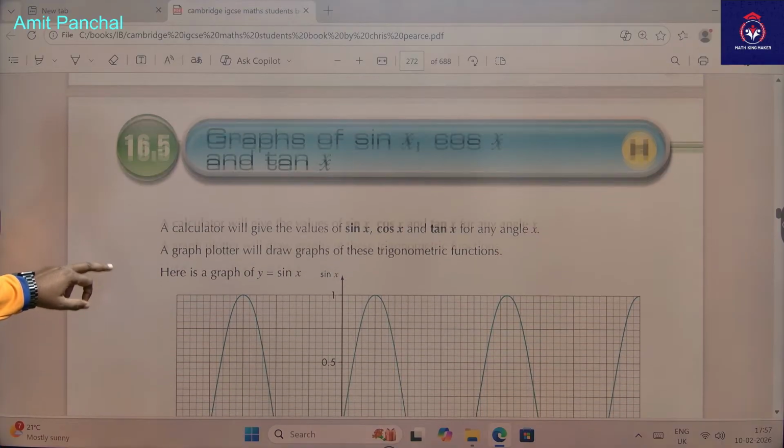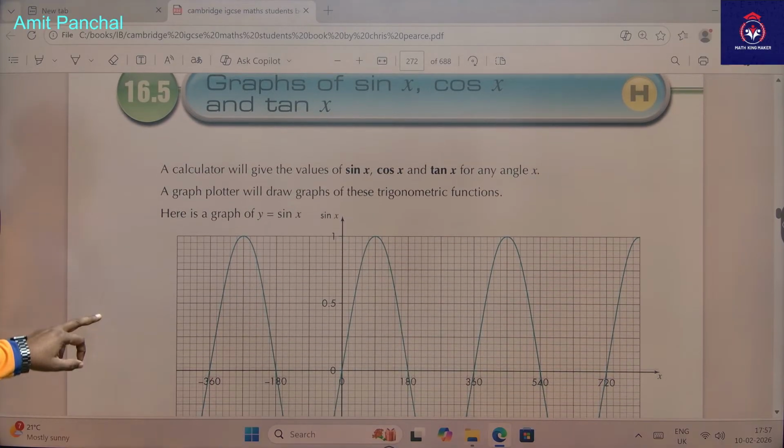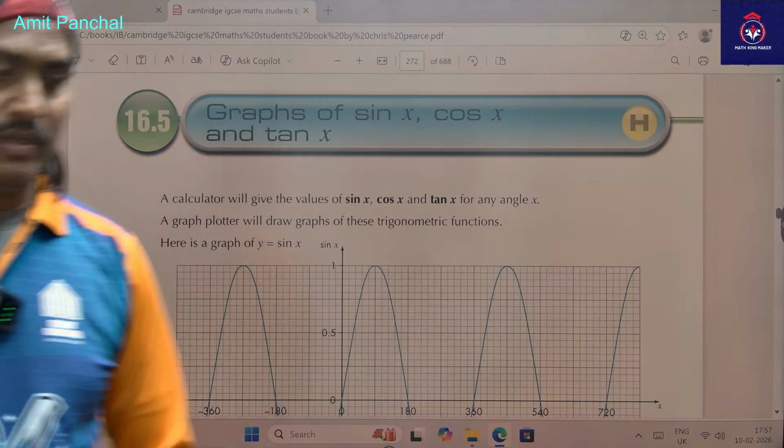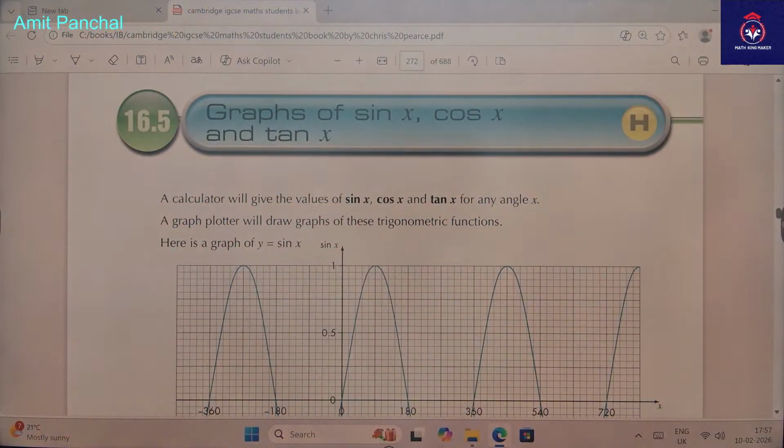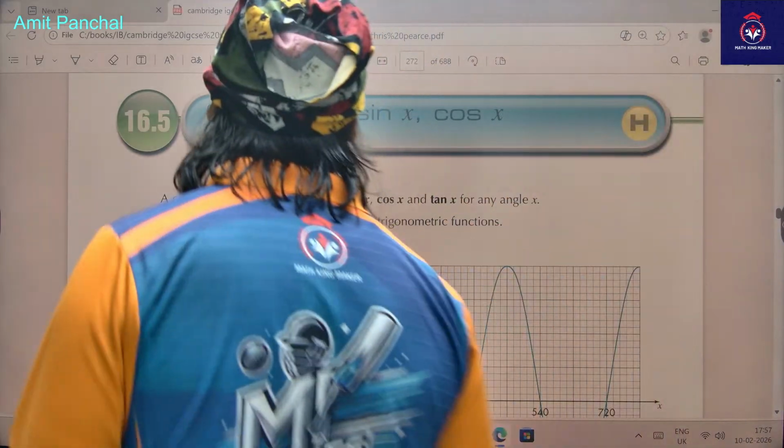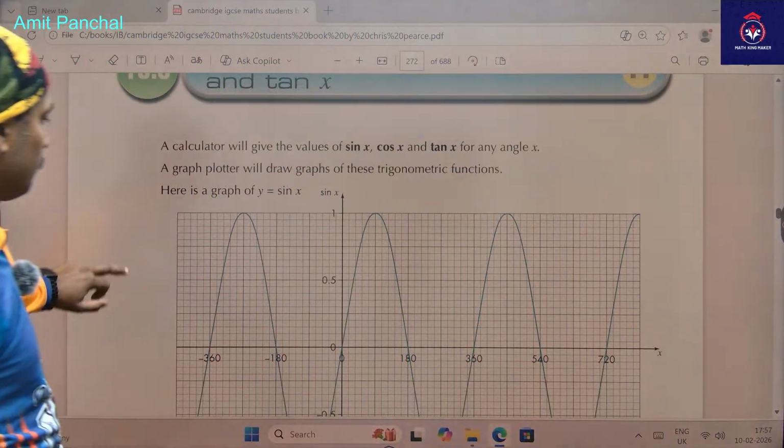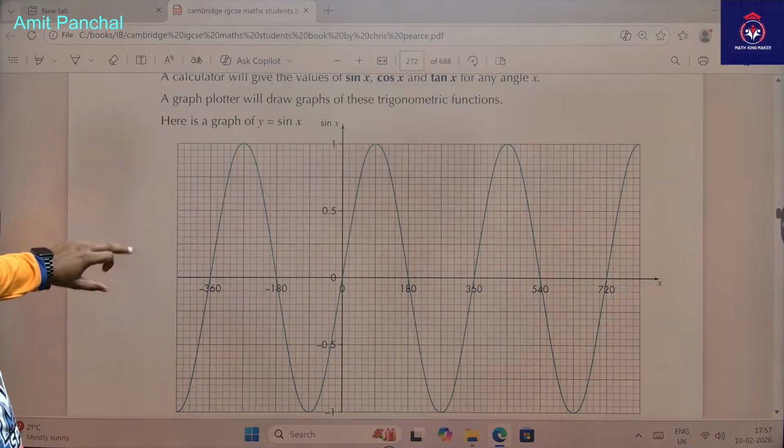Now, graphs of sin x, cos x and tan x. So this is basically your trigonometry. This is your graph of sin x.